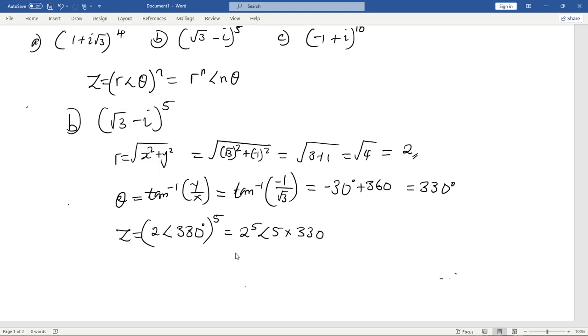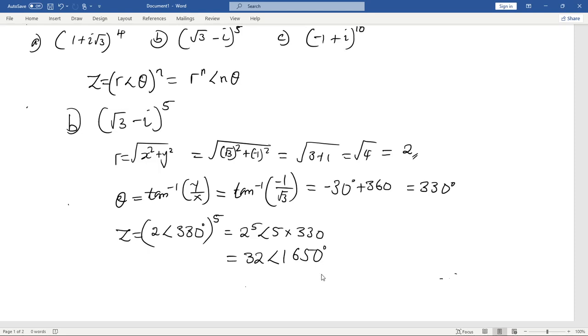We know that 2 to the power 5 is 32. Then when we multiply 330 by 5, we get 1650.